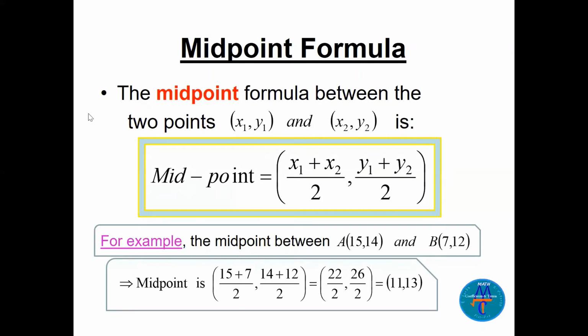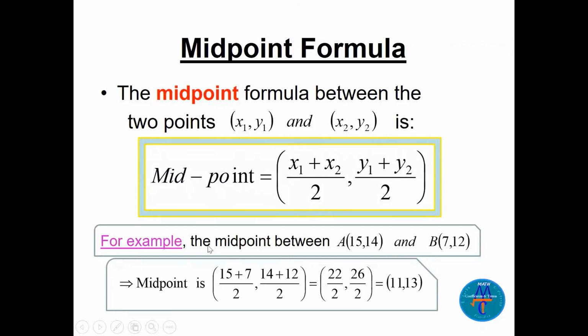Like if I give you point x1, y1, x2, y2, and I say find the midpoint, I have seen some students find the distance and divide by 2. That's completely wrong. Because if you find the distance and divide by 2, this is halfway. But in the midpoint, I need the point. What are the coordinates in the middle? So it's x1 plus x2 over 2, y1 plus y2 over 2.